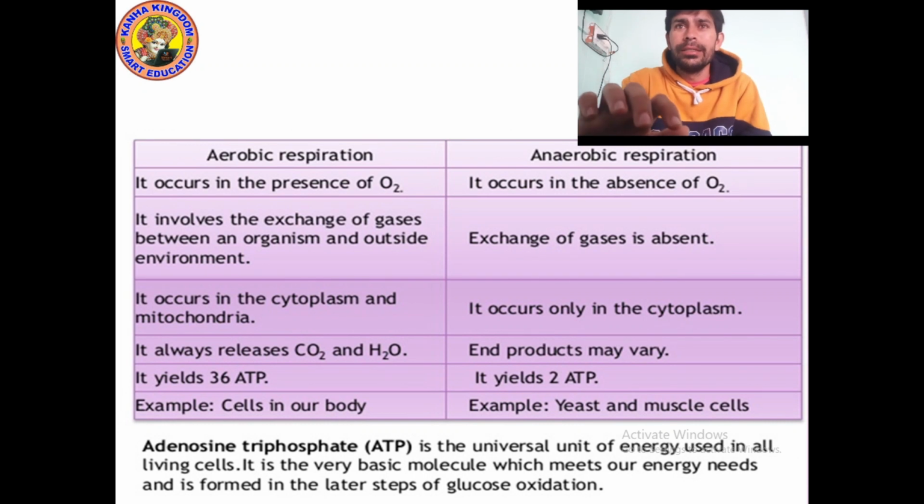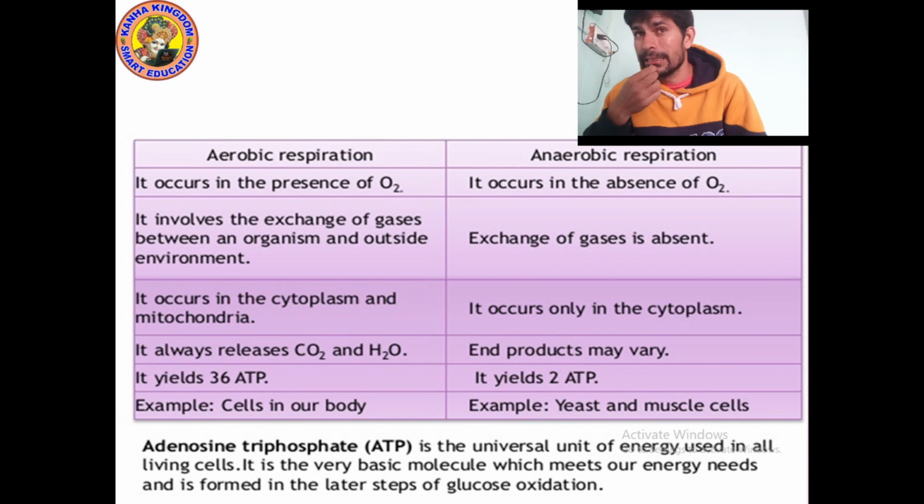Aerobic respiration involves the exchange of gases between an organism and the outside environment, and during anaerobic respiration, exchange of gases is absent. Aerobic respiration occurs in the cytoplasm and also in the mitochondria, while anaerobic respiration occurs only in the cytoplasm. Mitochondria is the powerhouse of the cell.